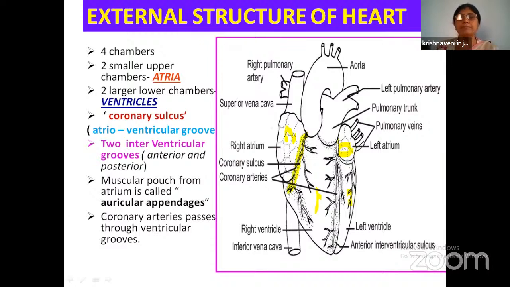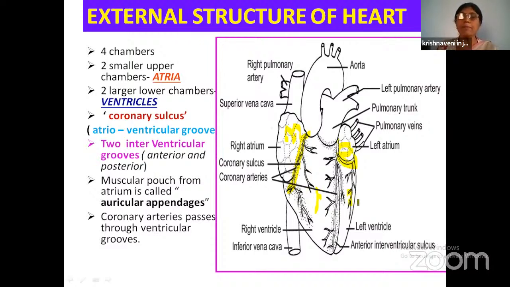This is the separation between atrium and ventricle. Yes, this is the atrium and this is the ventricle. The separation is called coronary sulcus or atrioventricular groove. Okay, this one and this side also. This is the one.